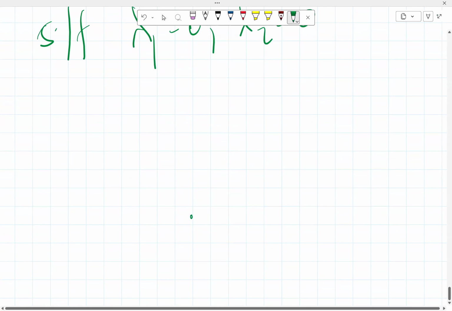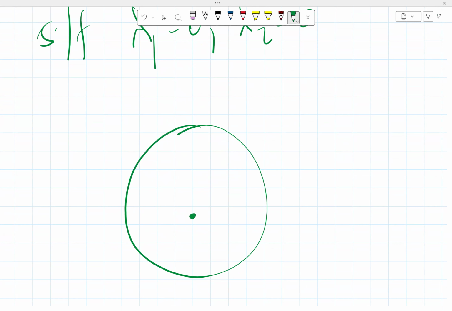That means you have the node here, but then you just have an orbit around the center. So the orbit is just moving around the point. This is what we call a center. I think this is also what is called a limit cycle.